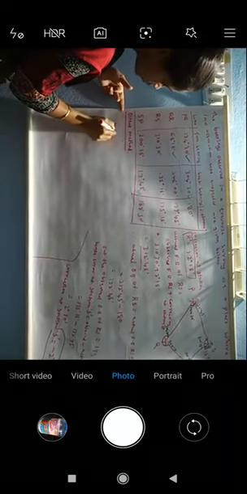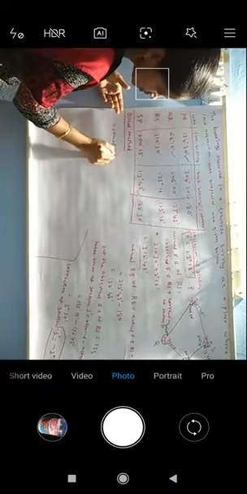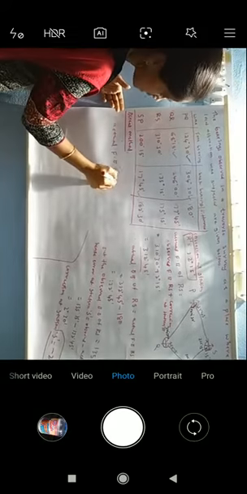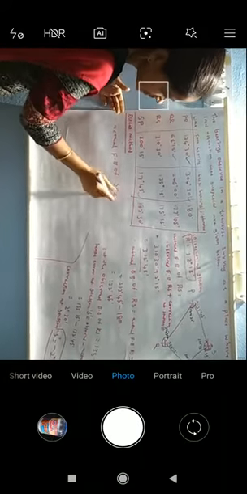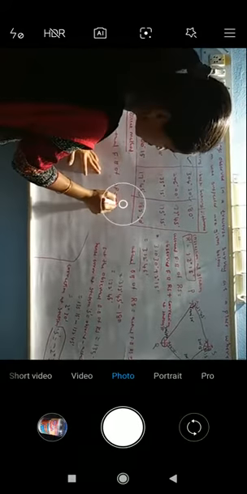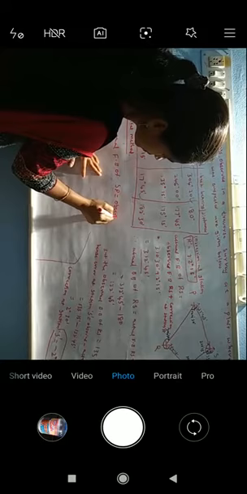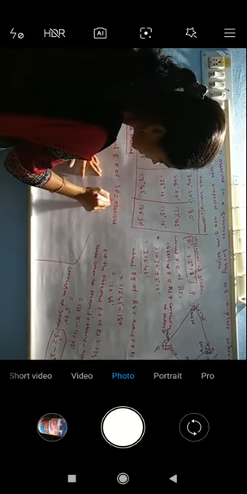So correction at station S is minus 2 degrees 30 minutes. Therefore, actual forebearing of SP is equal to observed forebearing plus correction or error.